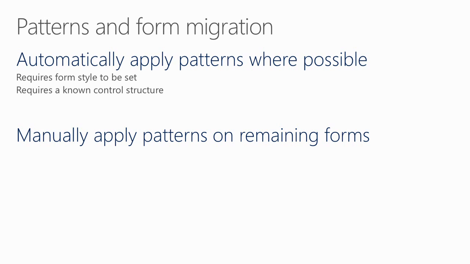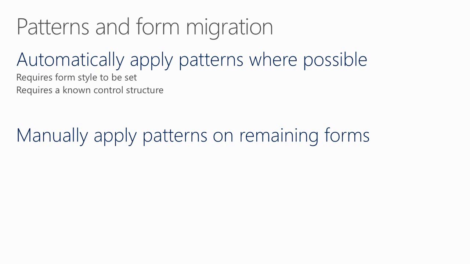So things like simple lists, list page, simple list and details, details forms, all lookups, basic lookups anyway. If you're close to those templates or you match those templates, there's a very good chance that a lot of your forms will automatically get patterns applied, and that will reduce your work significantly. So if a good portion of your model uses things like that, you may not have a lot of work.